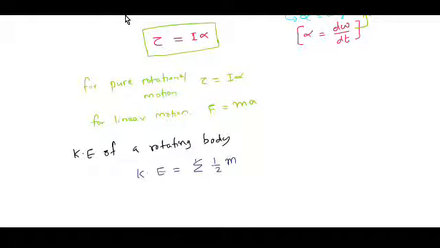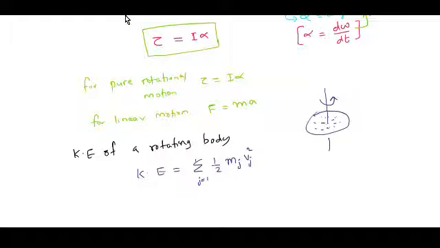If a rigid body consists of n particles, j equal to 1 to n, with mass mj and linear speed vj, then summing half m v square over all particles gives the kinetic energy of this rotating body.